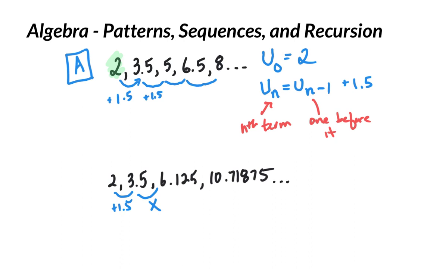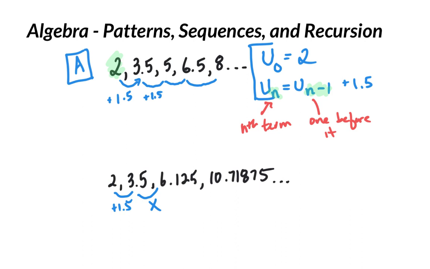That was the pattern. Okay, that's all. So this right here is our recursive equation. Give a starting value and then give the pattern. And I know that this is always confusing at first, these subscripts. Just remember, it's saying, if you wanted to calculate what the 10th term was, you'd need the 9th term and then add 1.5 to it.